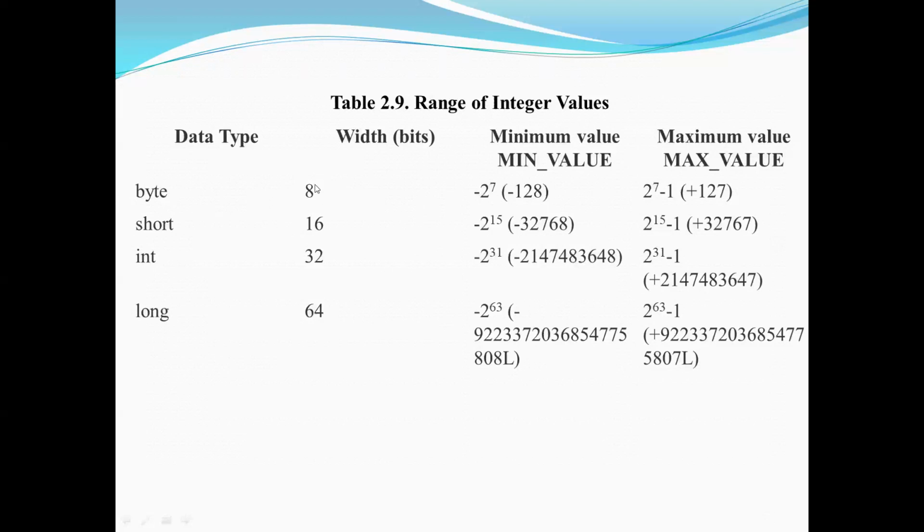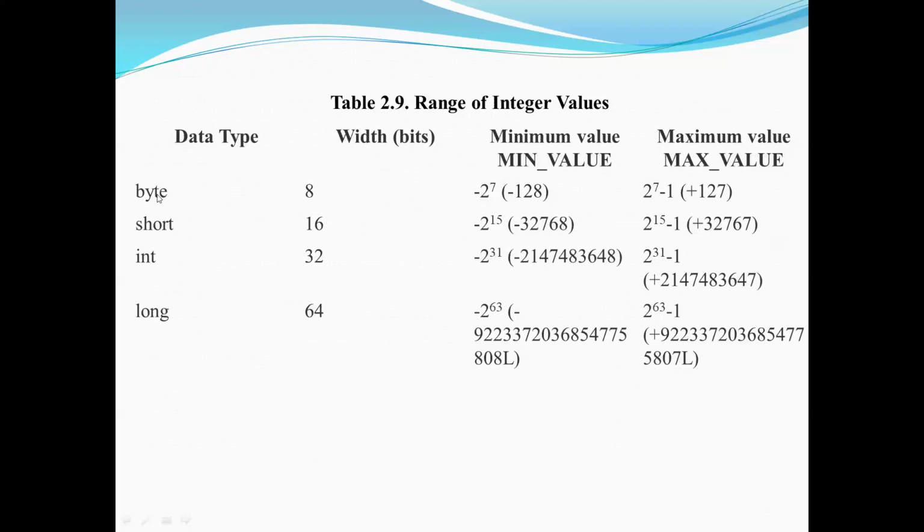A bit has only 0 and 1. We will consider the number of bits as n. The range is minus 2 to the power n minus 1, that is 2 to the power 7, so minus 128. And the maximum is 2 to the power n minus 1, minus 1. This will be the positive value.